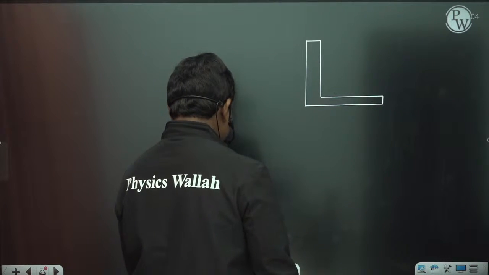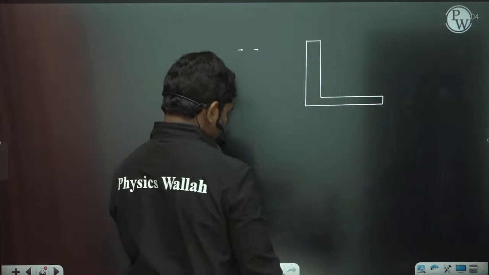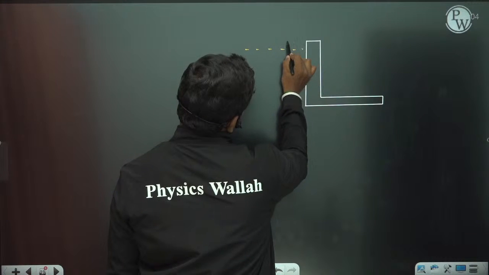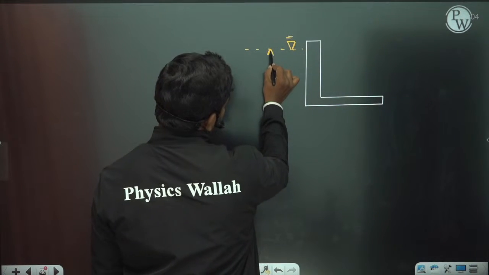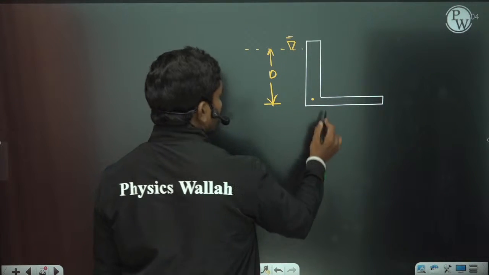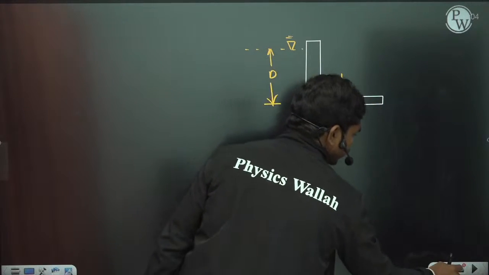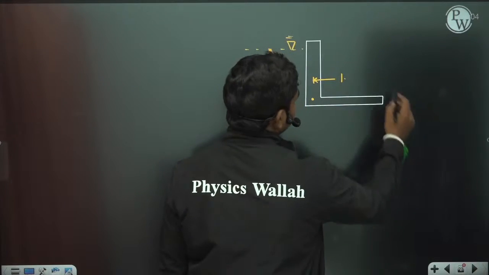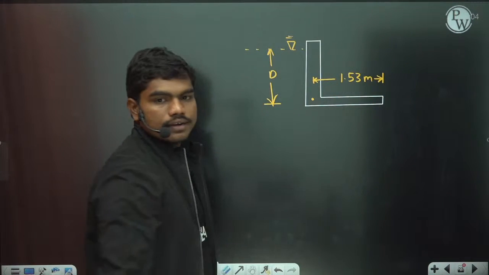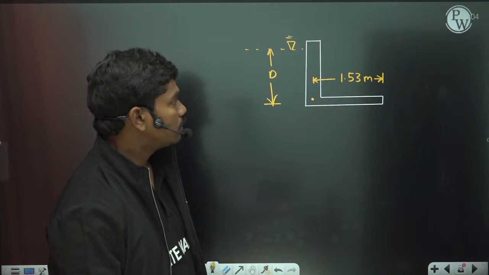Now here, definitely the water level is D. The water level here is the free surface, and this is D, for example, to this hinge, and this length is given as 1.53 meters. Okay, 1.53 meters.